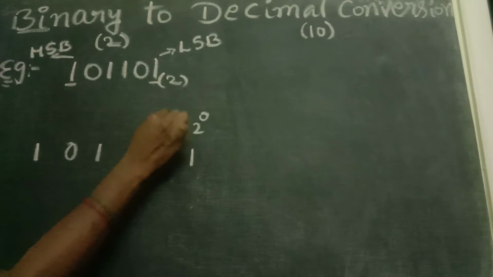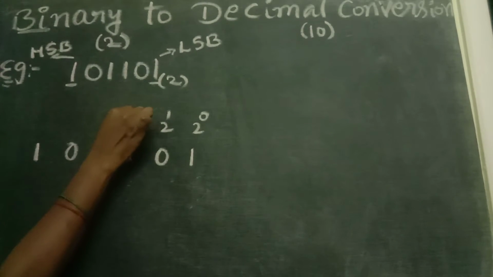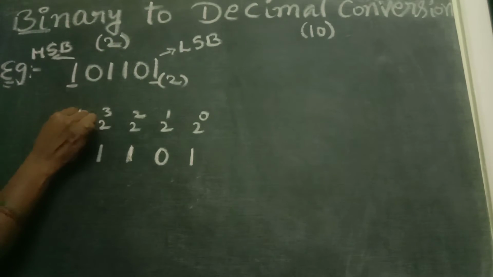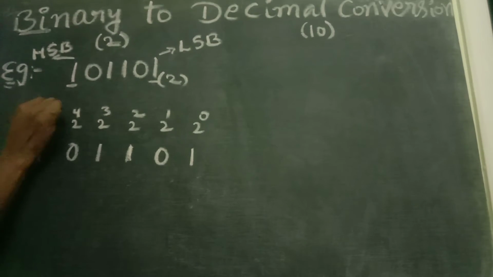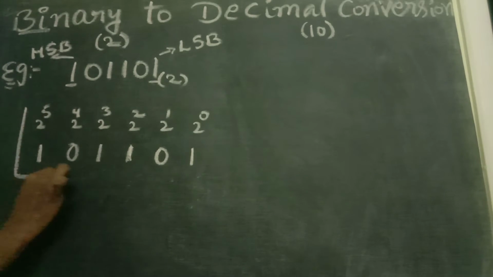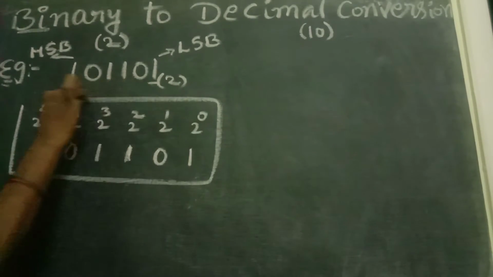Next, 2 power 1, 2 square, 2 cube, 2 power 4, 2 power 5. First you write like this.